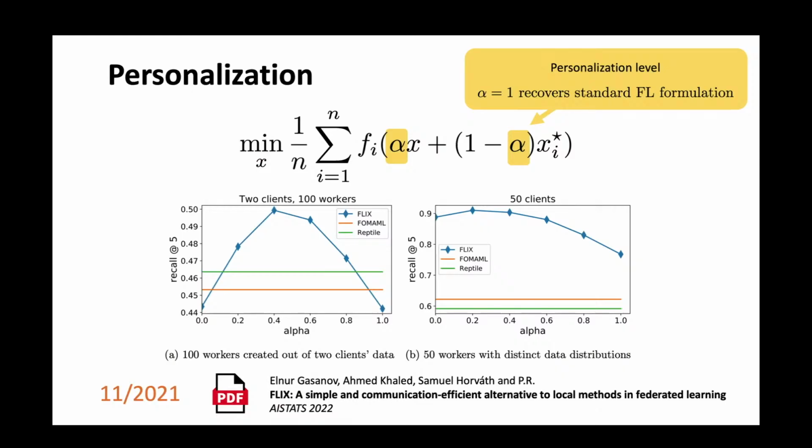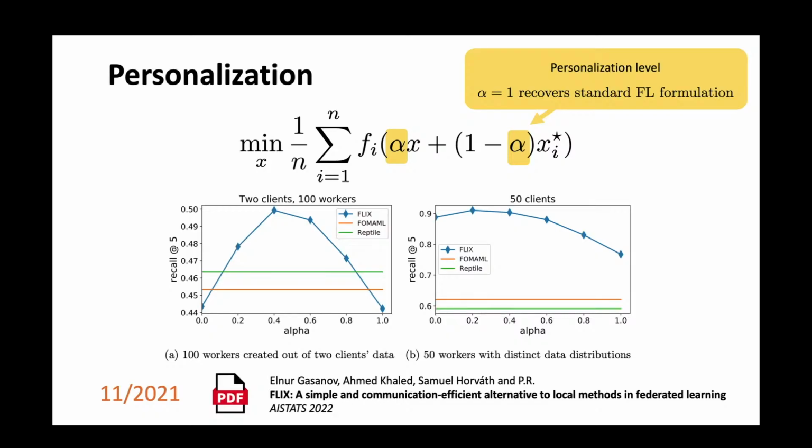So think of this formulation of federated learning, very different, federated optimization. Not a classical one at all. You want to minimize the average of f_i, but now you have a convex combination, and these alphas could have subscript i. I just, for simplicity, chose alpha, okay? Convex combination of a trainable model x and x_i star, where x_i star is the optimum model for client i based on their data.